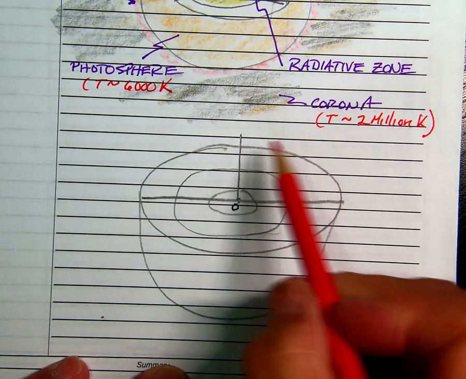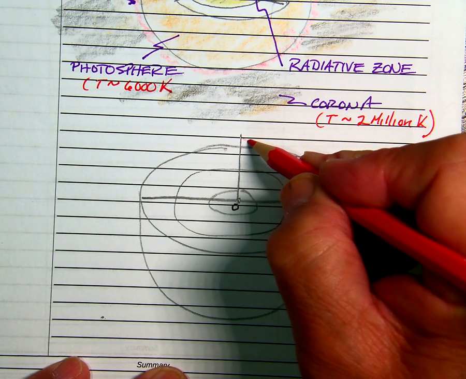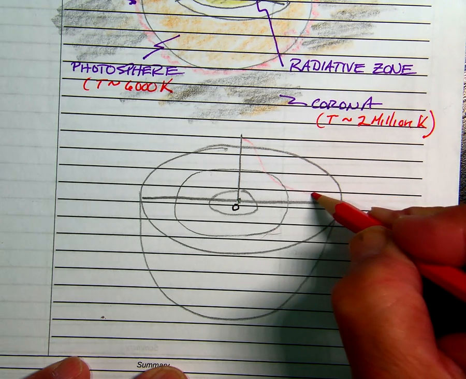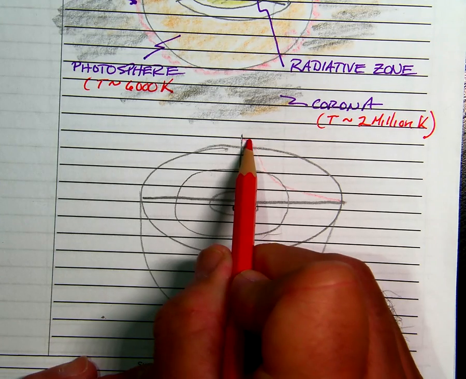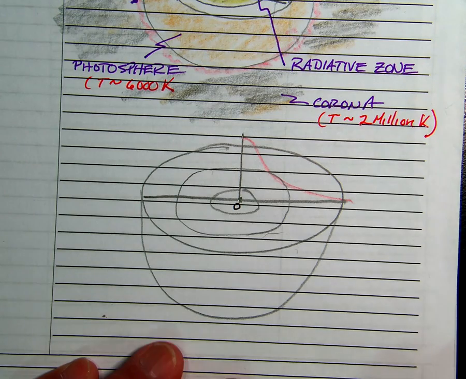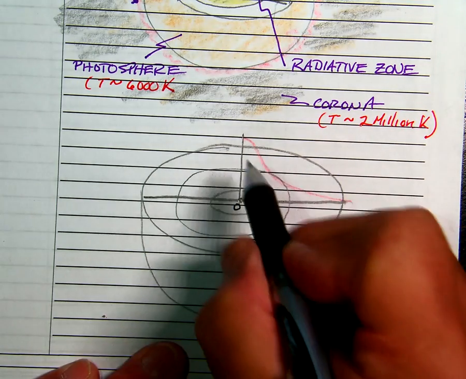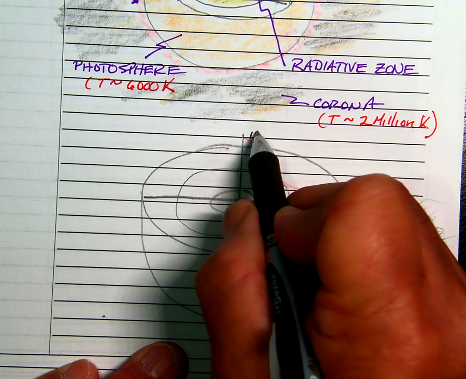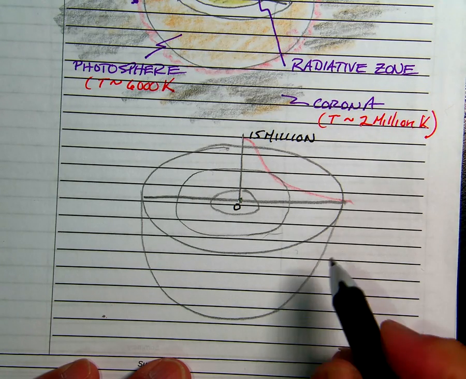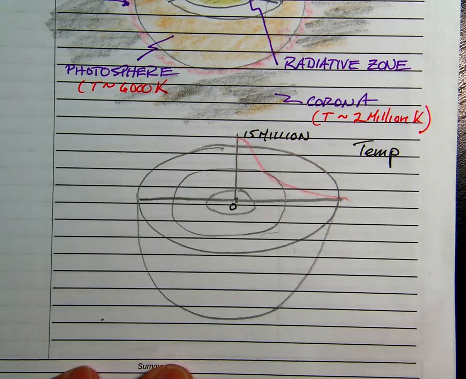The way the temperature goes is something like that, and it is 15 million degrees Kelvin. This is temperature, of course, on this side. Temperature 15 million.